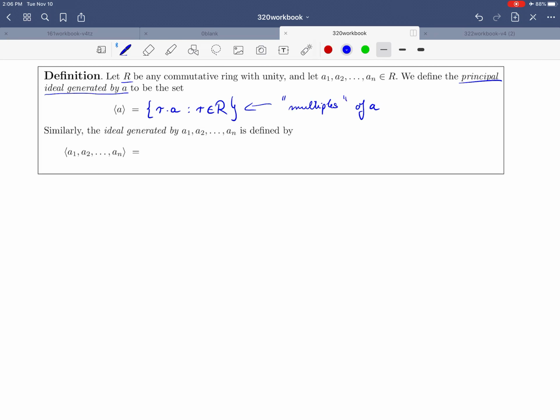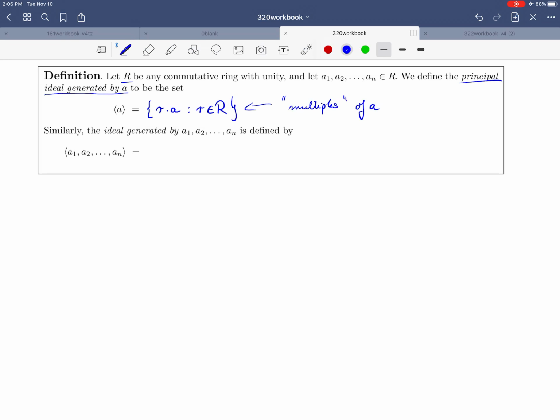So this principal ideal generated by A, we can take ring elements from the outside that have nothing to do with A, but then the product of that ring element with A, that's what is in this principal ideal. And similarly, we have the ideal generated by n different elements.